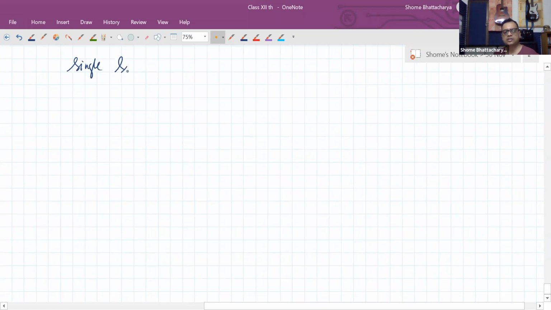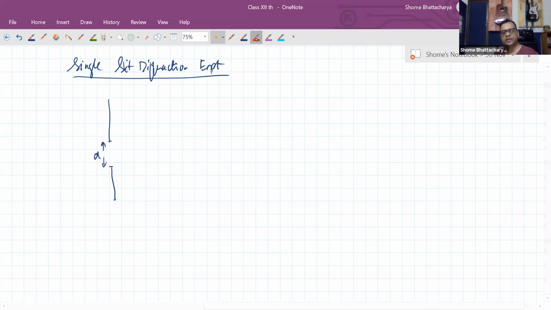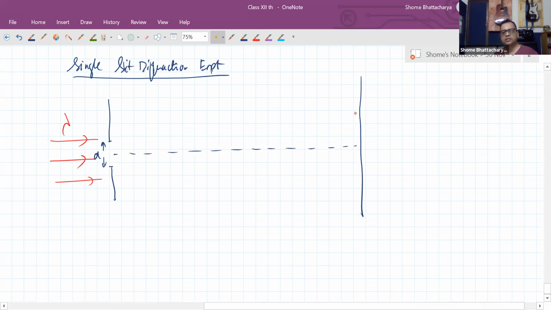So we had seen in the single slit diffraction experiment, if we had a slit width of a like this and monochromatic light of wavelength lambda incident, then on a very far away screen we got an intensity pattern of that sine square kind of pattern.